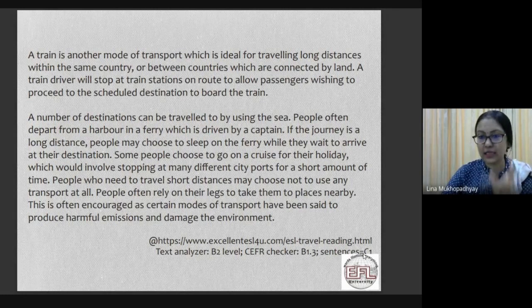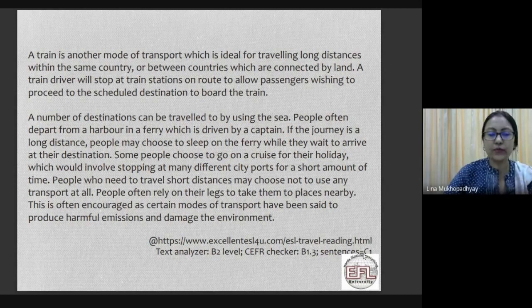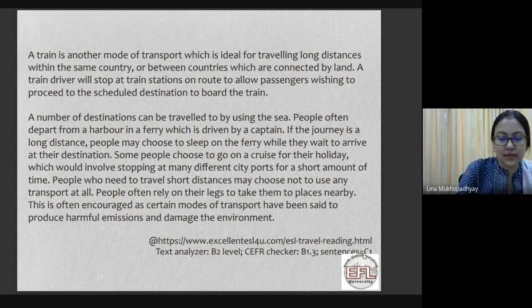And the CEFR checker also gives you the sentences which are at the C1 level. So if you wish to do some discrete item test on the basis of this text, a good strategy would be to pick and choose those sentences and turn them into testing points. But that I'm not discussing now.